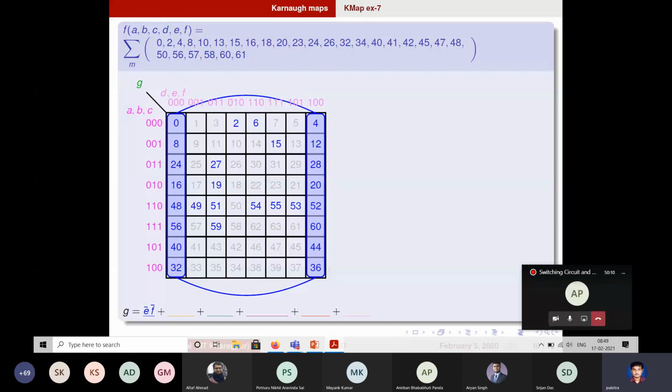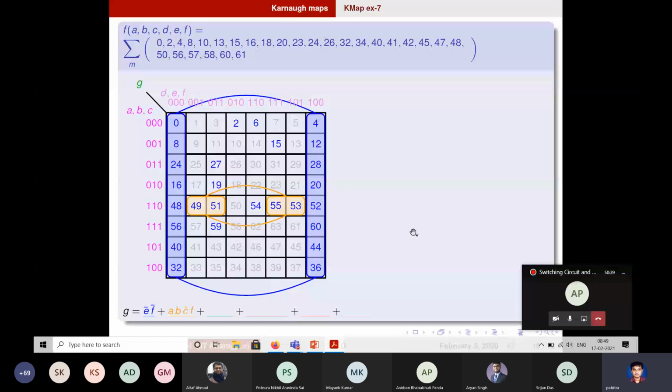So it can be 16 or 8 or 4 or 2. Anything else that we have? Any 8-sized thing? Well, actually we don't have any.